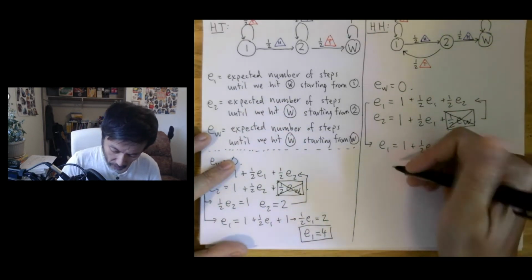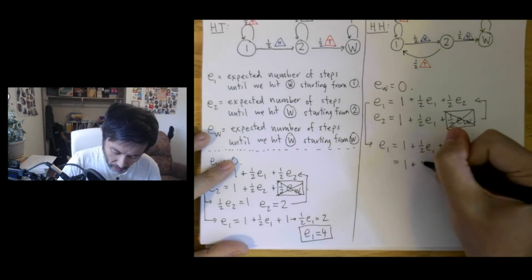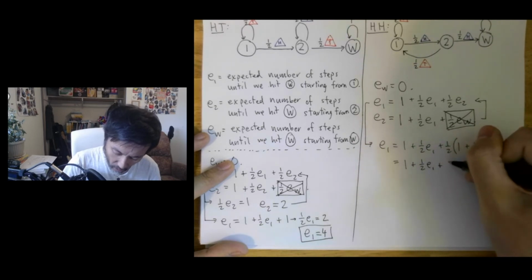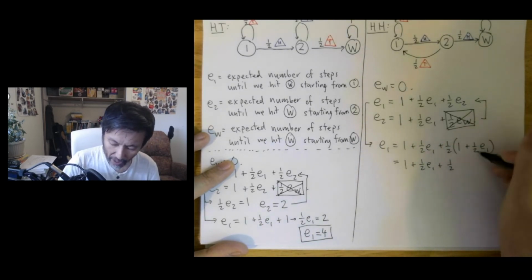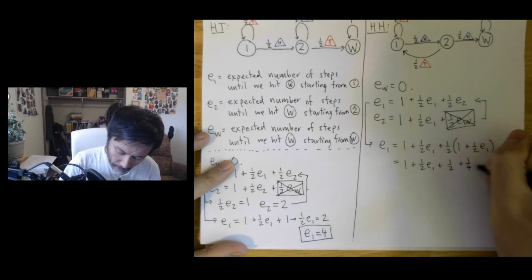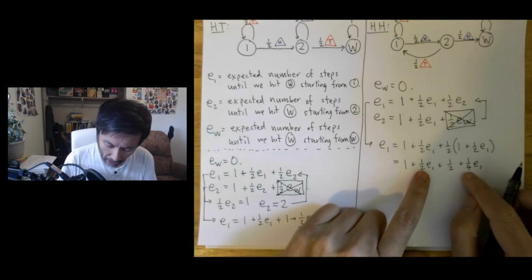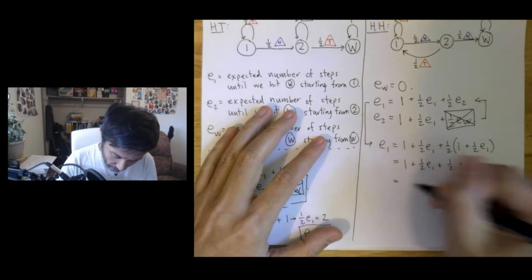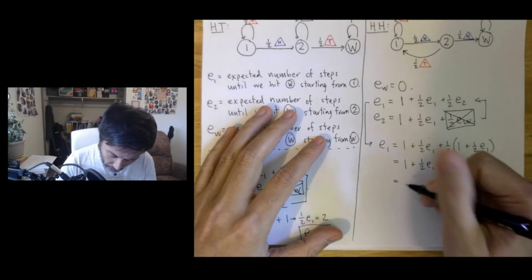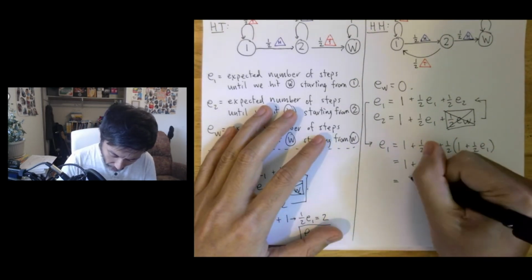So let's just work through the details here. This is 1/2 E1 plus 1/2, distributing the 1/2, plus 1/4 E1. So 1/2 E1 and 1/4 E1, that sounds like 3/4 E1 to me. This 1 plus 1/2 sounds like 3/2 to me.